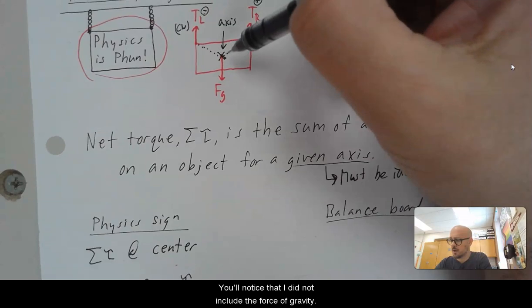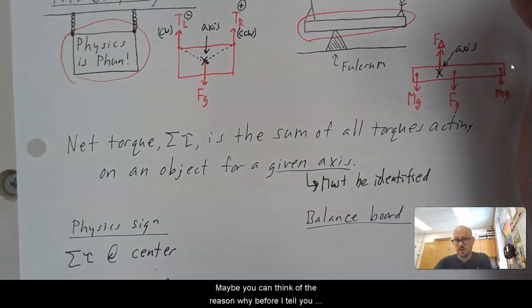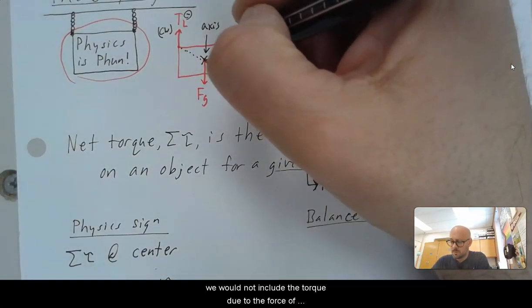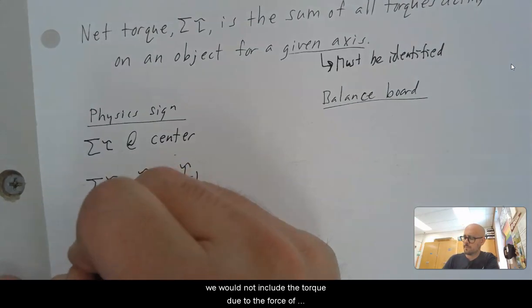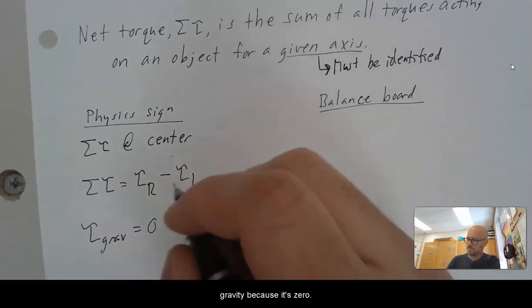You'll notice that I did not include the force of gravity. Maybe you can think of the reason why before I tell you. We would not include the torque due to the force of gravity because it's zero.